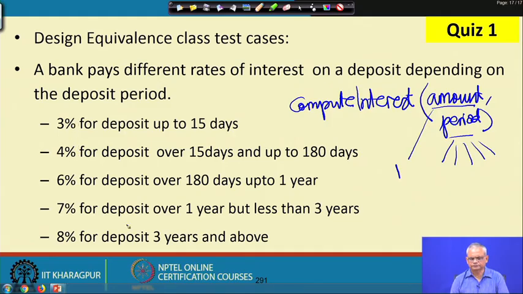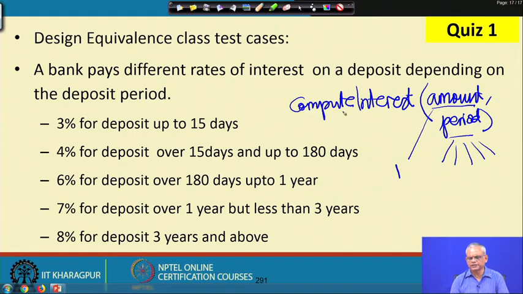Now, the number of test cases required here for, let us say, strong equivalence testing is equal to 1 times 5, that is 5. For weak equivalence class testing, it is also similar, because the first one is 1.